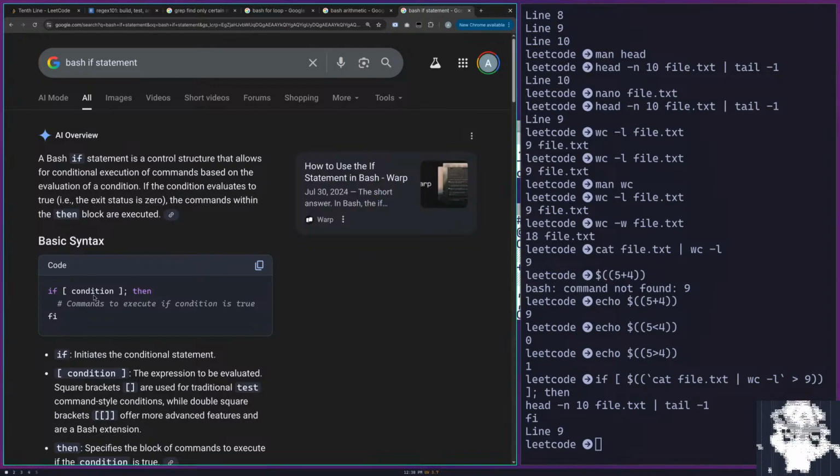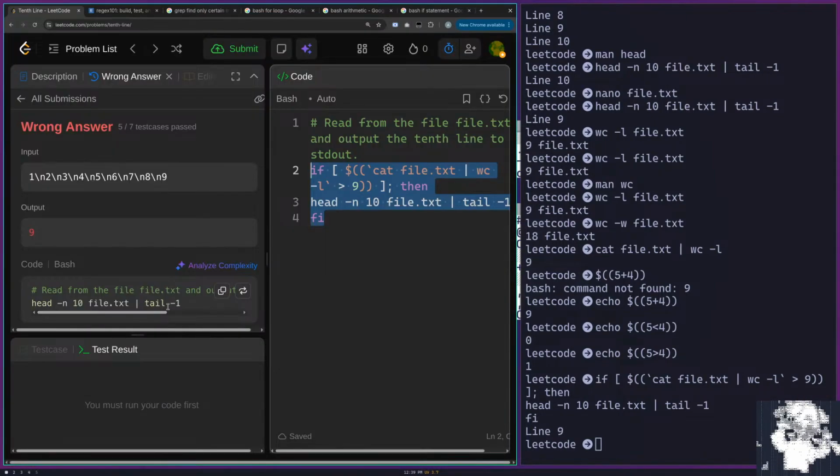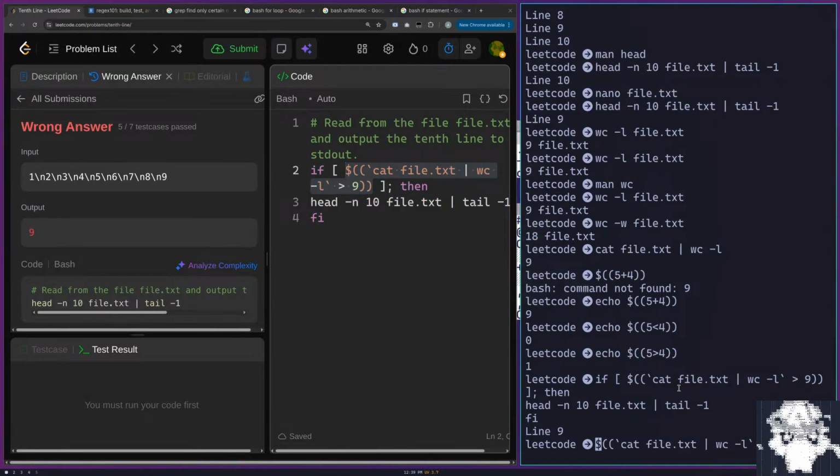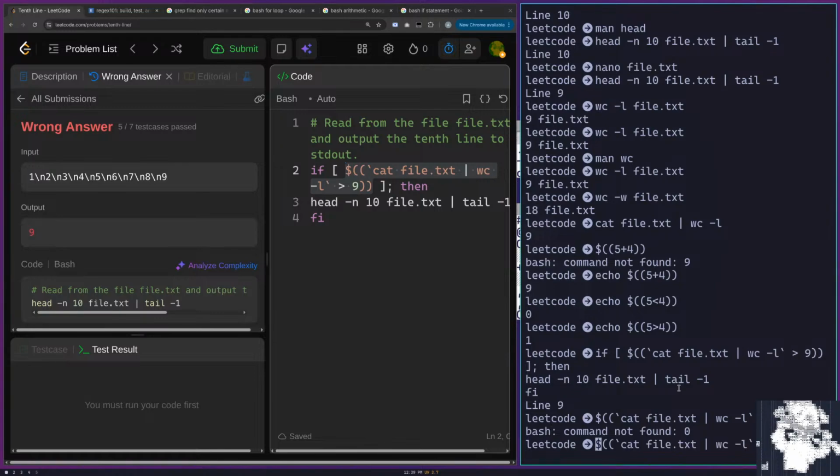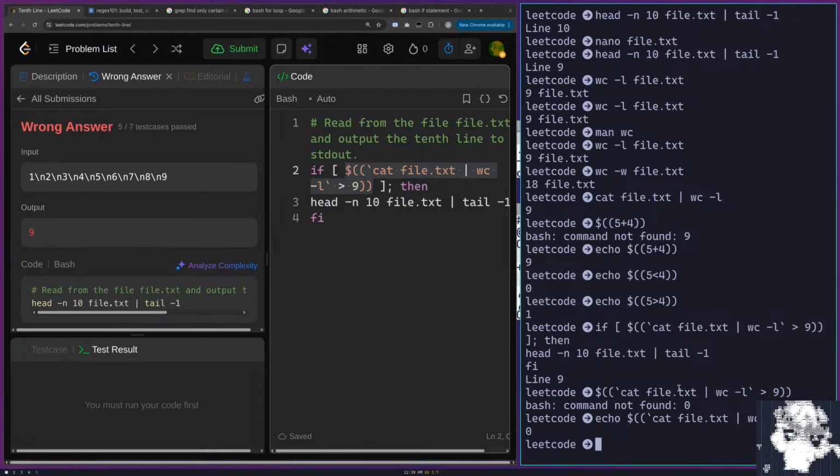Is there something wrong with the if statement? No. What is this outputting? 0, so it shouldn't do it.